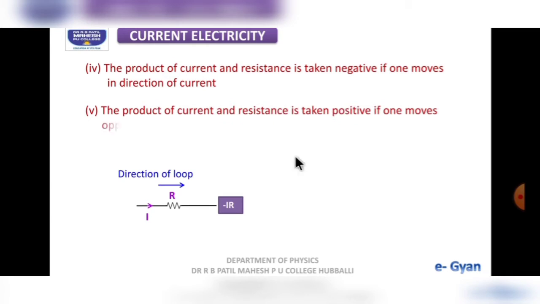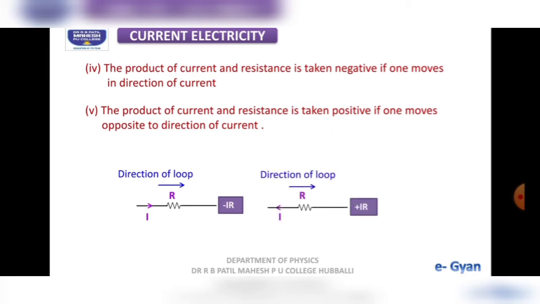Fifth point, the product of current and resistance is taken positive if one moves opposite to the direction of current. If the direction of loop is opposite to the direction of current, that is, along the direction of increasing potential, then IR product is taken as positive.